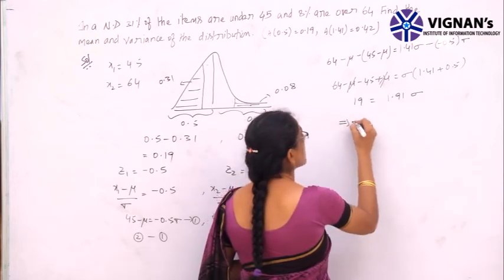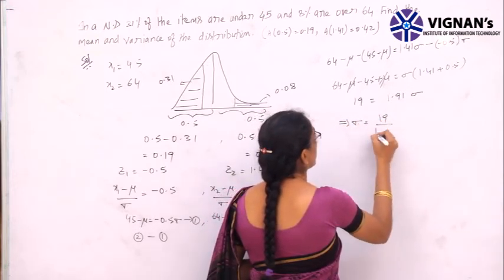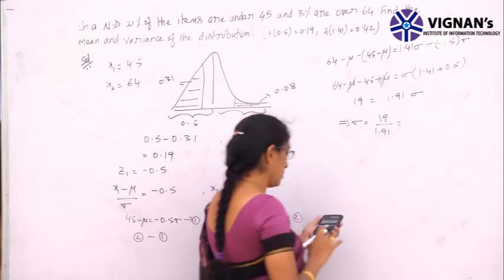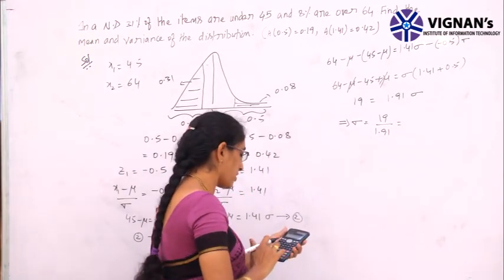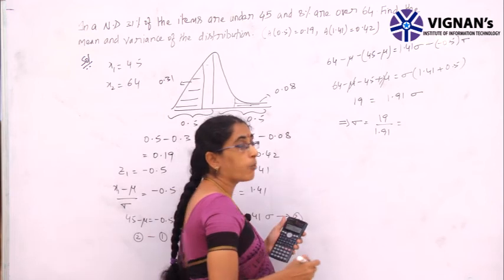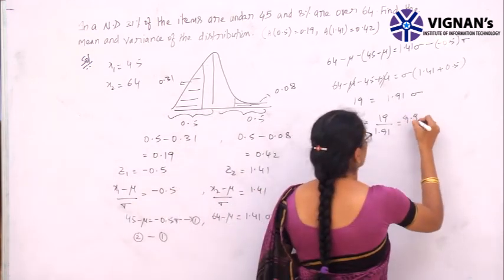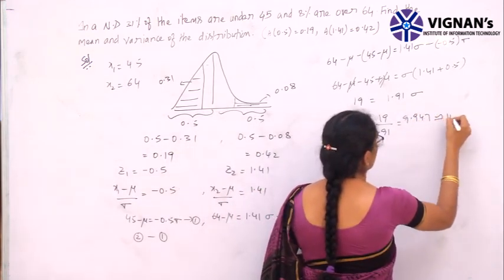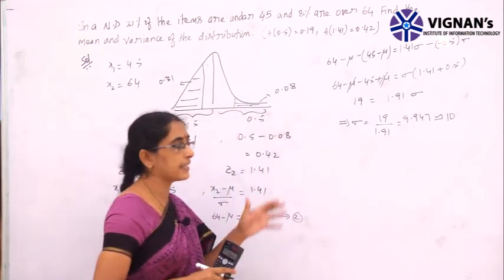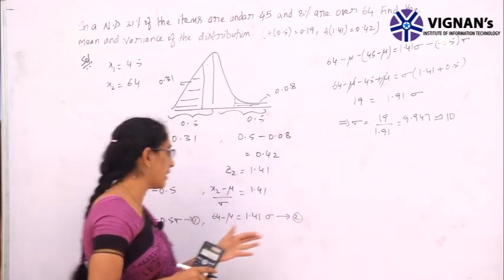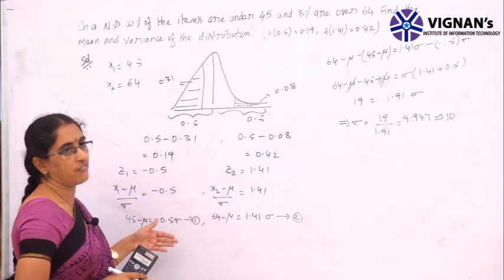Now from this, what is the sigma value? 19 by 1.91 is equal to 9.947. That means 10. So when sigma equals 10, substitute sigma in equation 1 or equation 2.